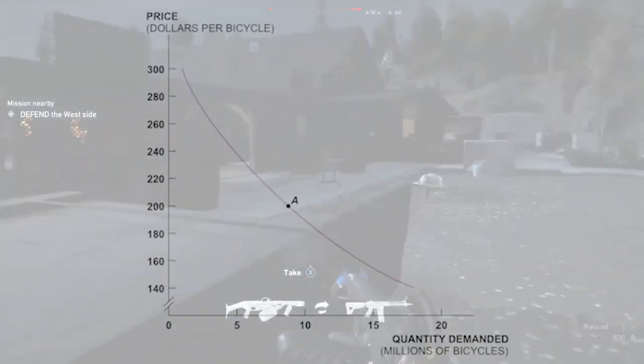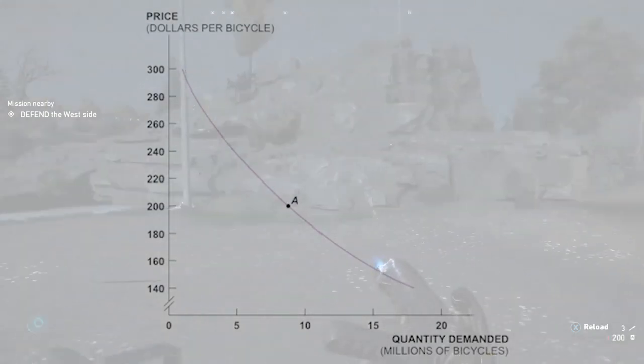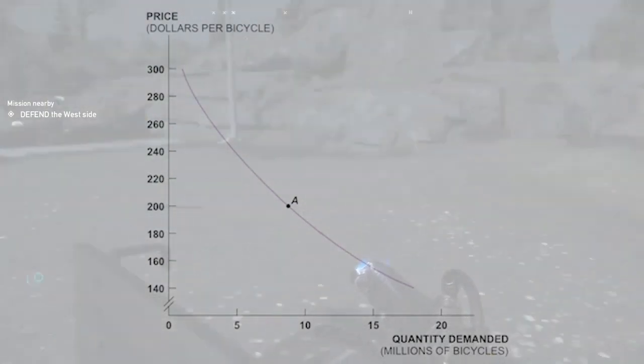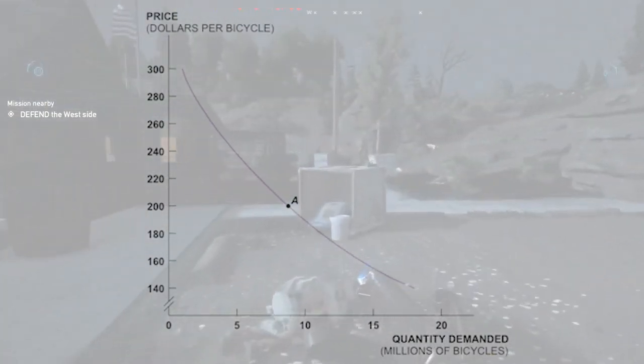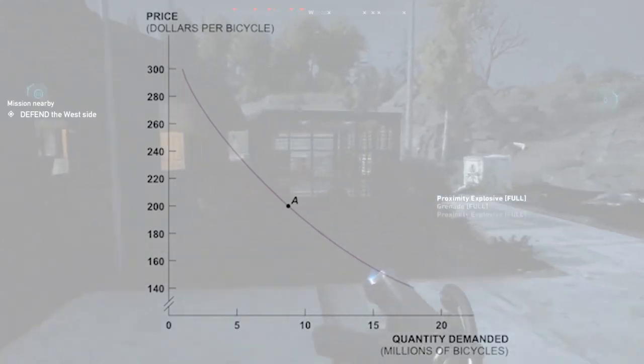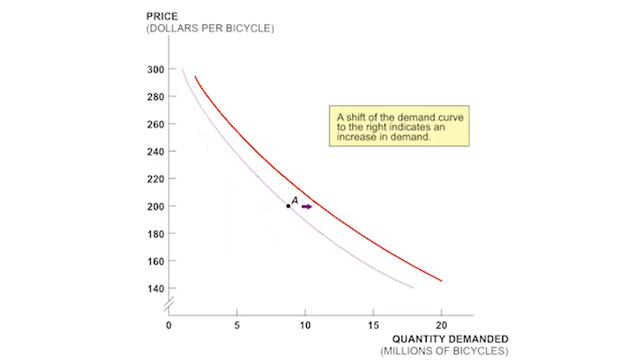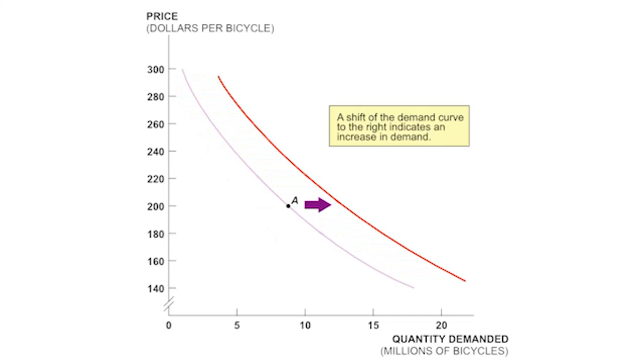And by shift, I mean thinking about the price at a particular level, let's say at 200, and we're saying if there's a shift in demand, then there's more demanded, as you can see, at that price than at A because the curve shifted out to the right.